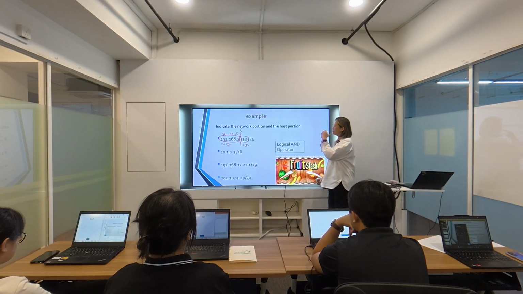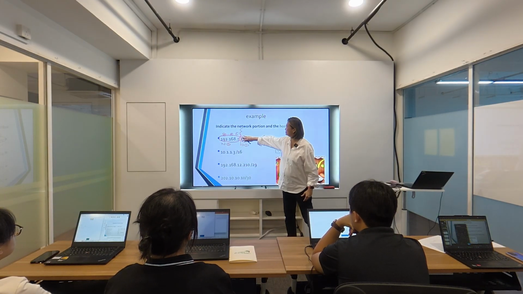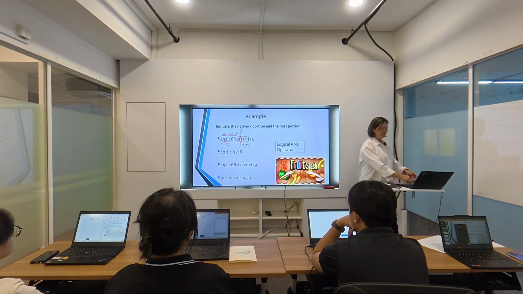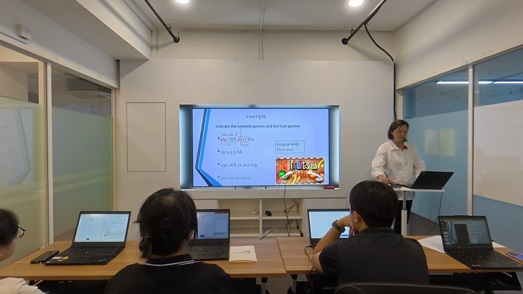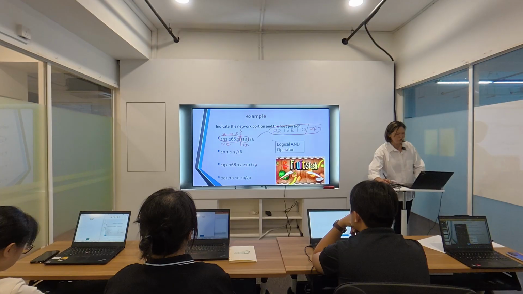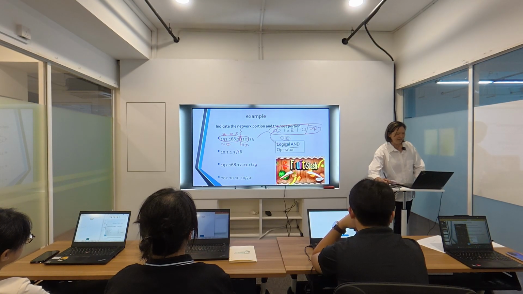So if you need the network address, you just make this become 0. So the network address is 192.168.1.0. So how do I write the network address? It's just 192.168.1.0/24. So that is my network address. And 112 is one of the hosts in my network.